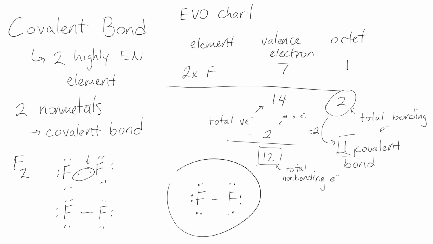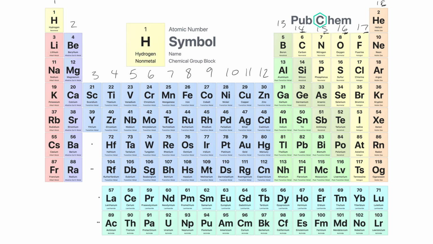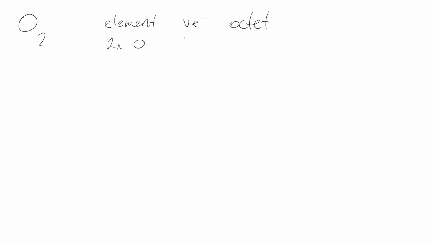We'll do one more example. If we did O2, we can do our EVO chart: element, valence electrons, and octets. We have 2 oxygens. Oxygen is in group 16, so it has 6 valence electrons, and it needs 2 more to complete its octet.